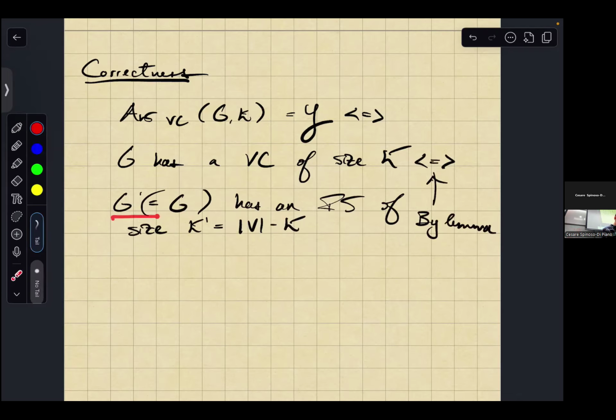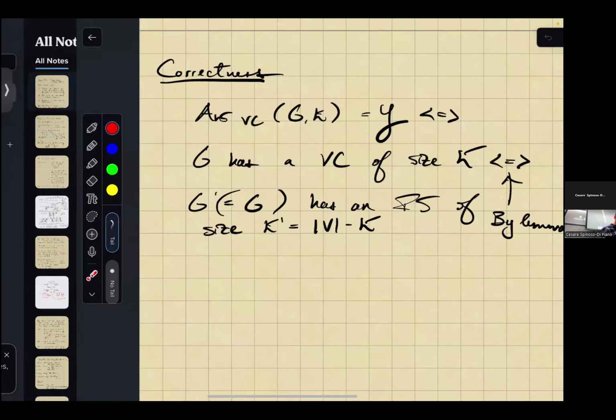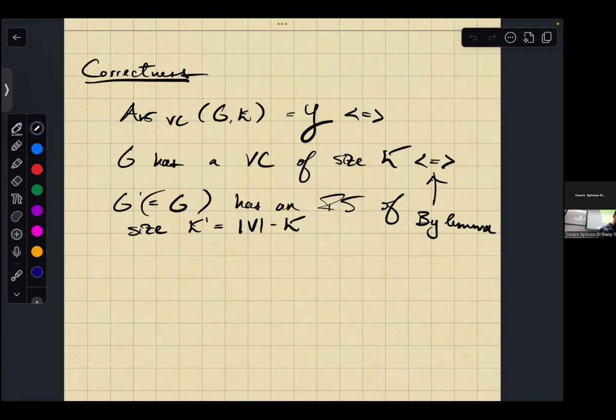And then because G prime and K prime are what I'm giving to the independent set solver, then this is true if and only if the answer to the independent set problem for G prime and K prime is yes.